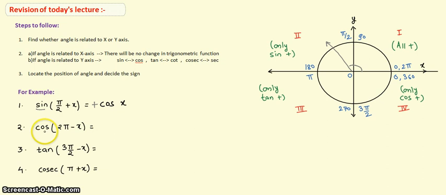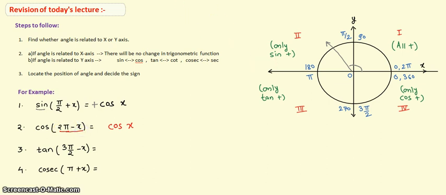See example 2. You have to find cos 2 pi minus x. Now to find this, 2 pi is related to which axis? See, 2 pi is related to the x axis. So that is step number 1. If the angle is related to the x axis, there will be no change in the trigonometric function. So cos will remain cos, right? Now 2 pi minus x.